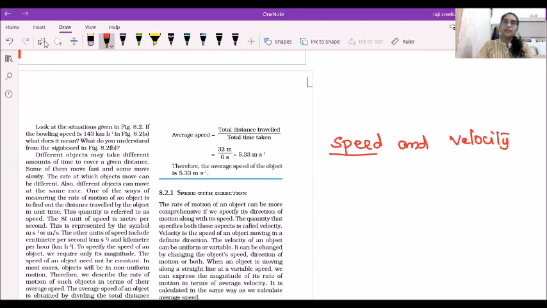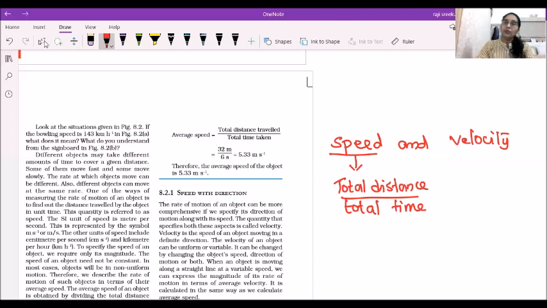And the equation for speed is total distance covered by the object divided by total time, or simply, distance divided by time. For calculating speed you should know the distance covered by the object and how much time is taken for covering that particular distance.